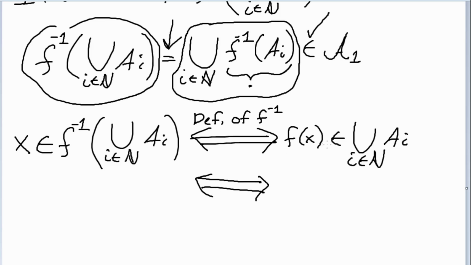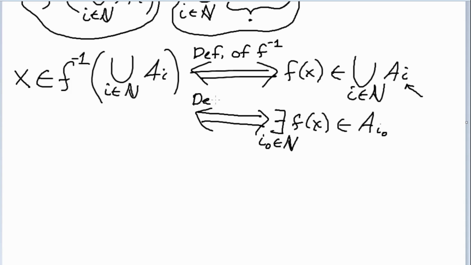Well, that means, if f of x is in this union here, then one of these A_i must contain f of x, right? So that means there is some, let's call it i naught, so that f of x is in A_i naught. And how do I know that? Well, that's just the definition of union.